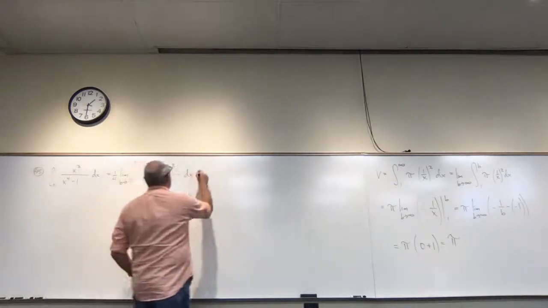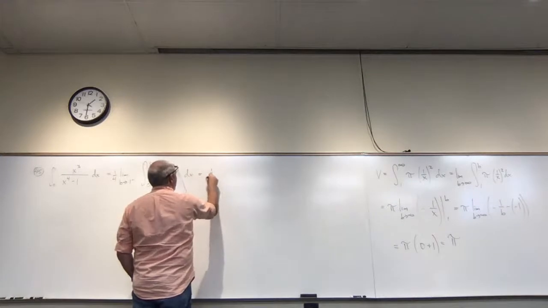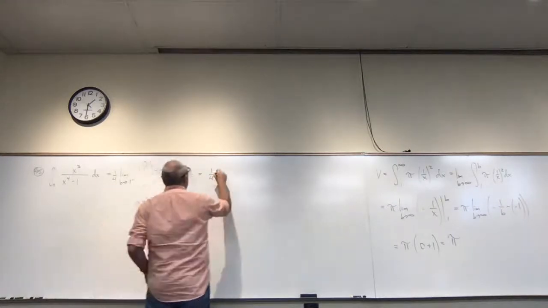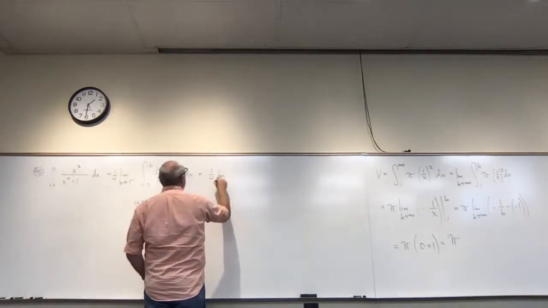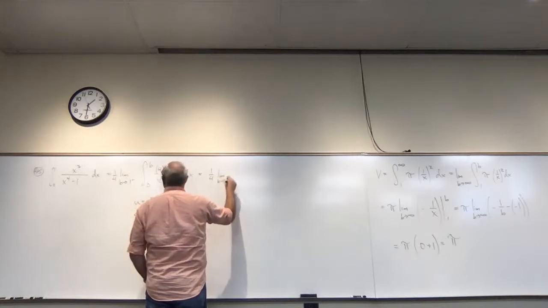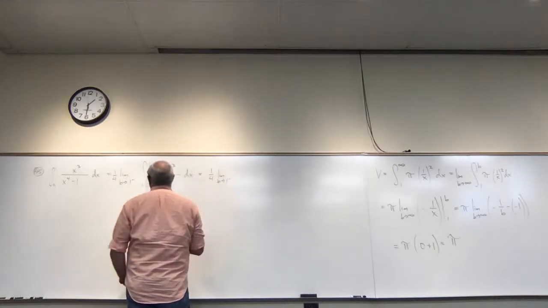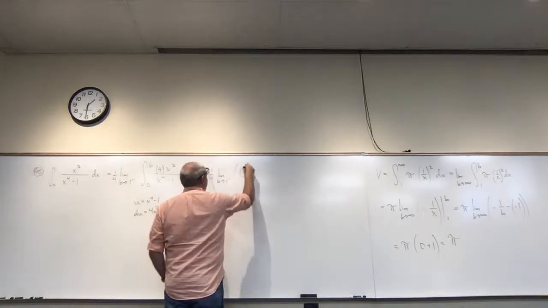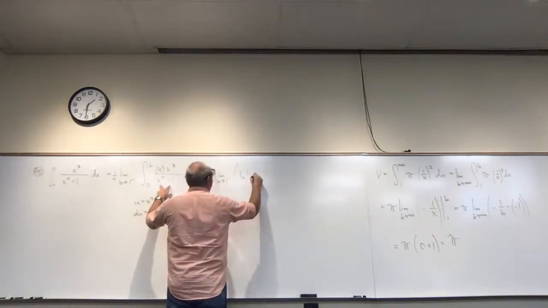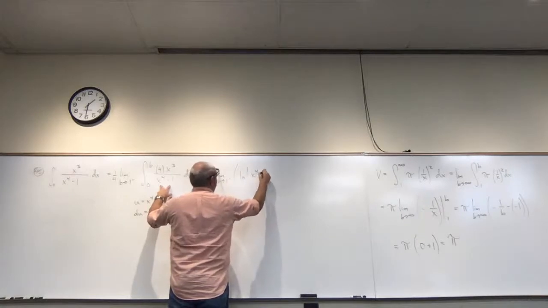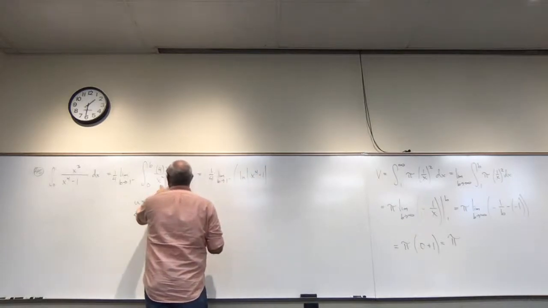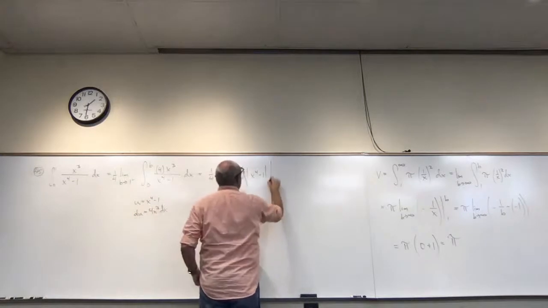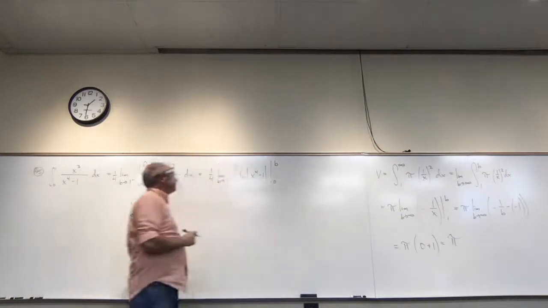So this is just equal to, I've still got the 1/4 hanging out here. I've got the limit as b goes to 1 from the left of ln of the absolute value of the bottom, x to the fourth minus 1, evaluated from 0 to b.